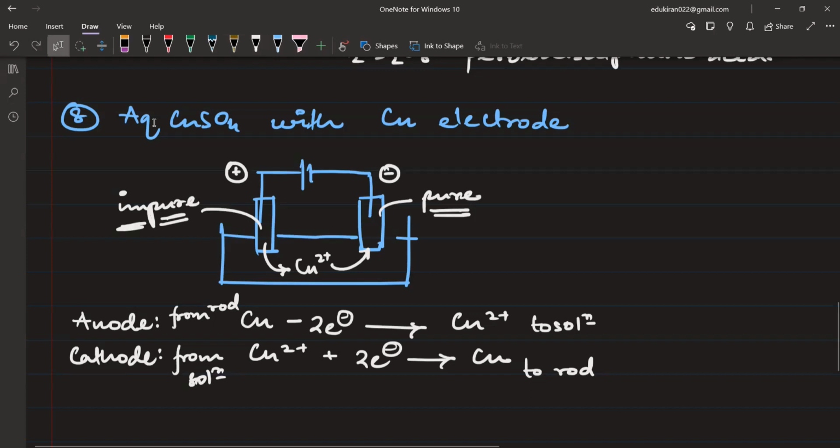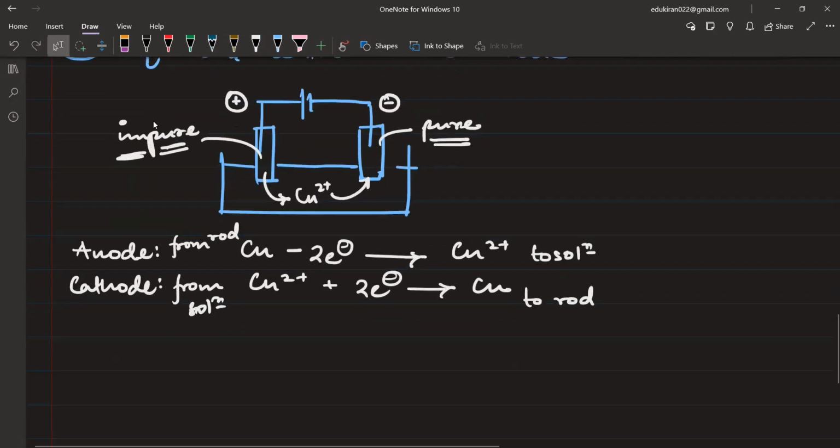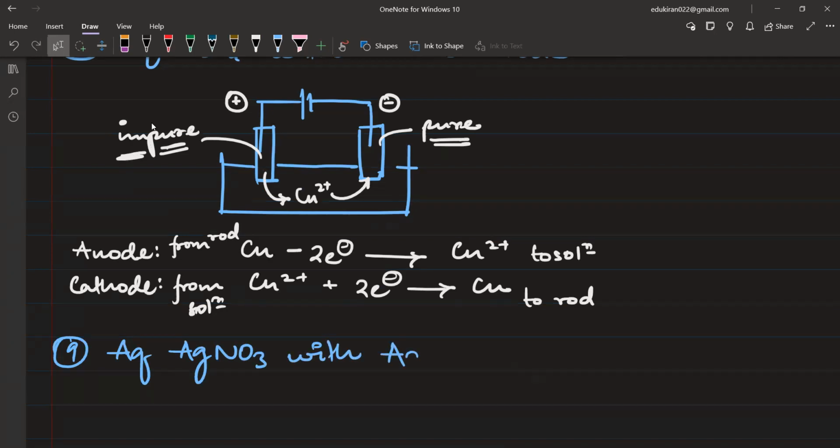Write this down and see, a similar thing happens with aqueous AgNO3 with silver electrodes.